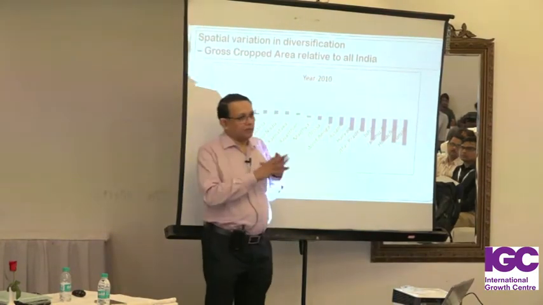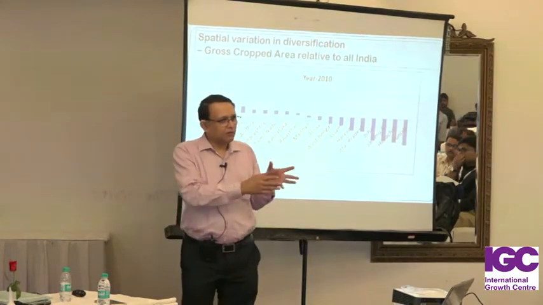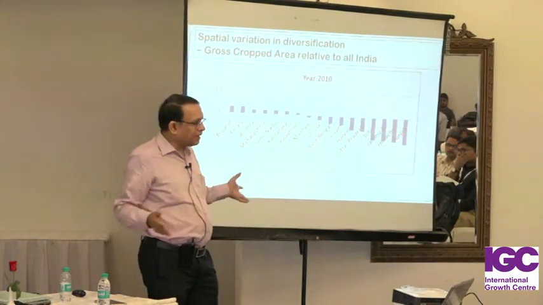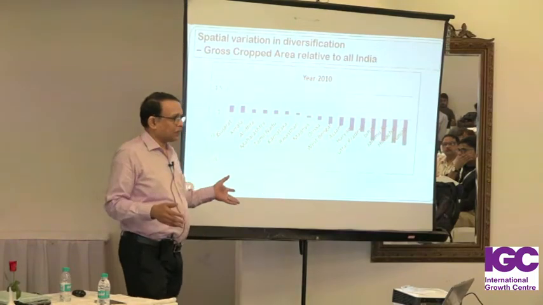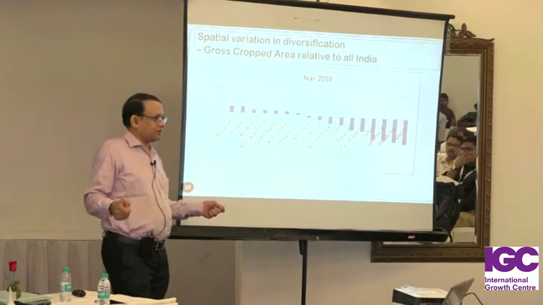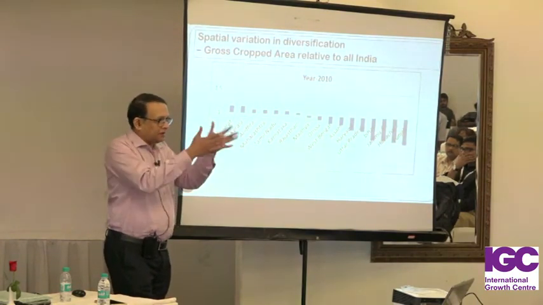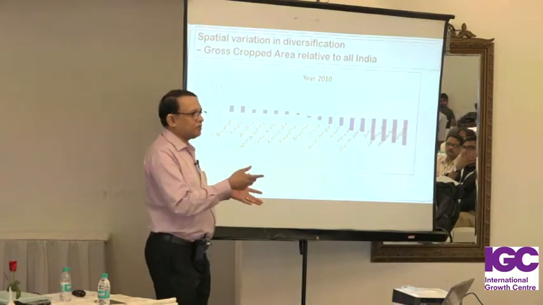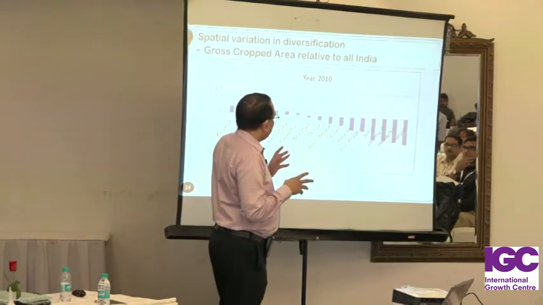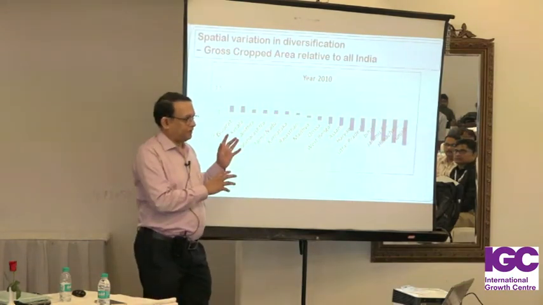That's again a problem with the data, because the data will talk of vegetables. It doesn't give the breakup of the vegetables. So we do not know how many vegetables are grown. If you are considering vegetables as one group, that shows up as a concentration. So it's a problem related to the way the data is also reported.